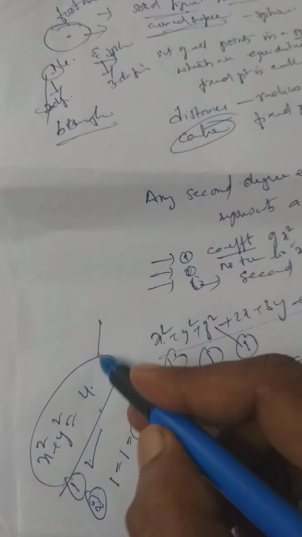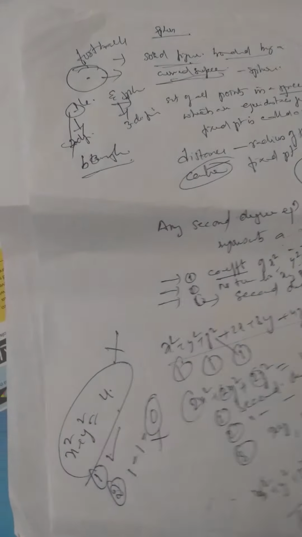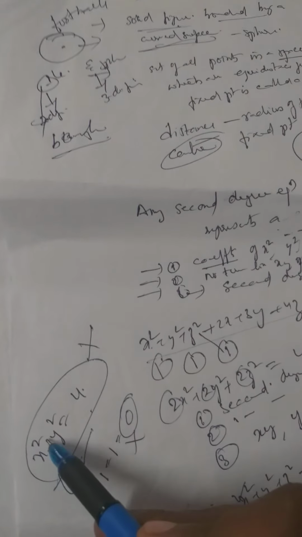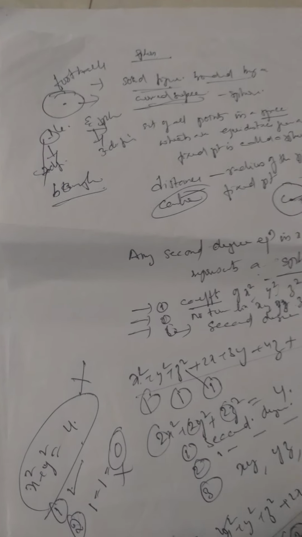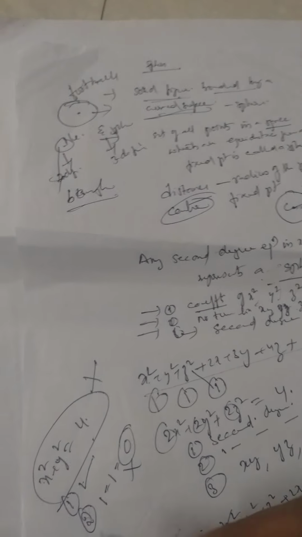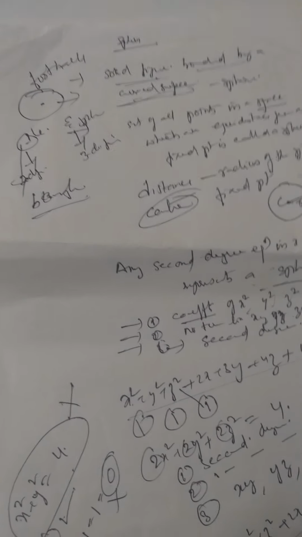No. Therefore, this equation does not represent a sphere. Here the coefficient of x square is 1, the coefficient of y square is 1 and the coefficient of z square is 0. Therefore, this does not represent the equation of a sphere.